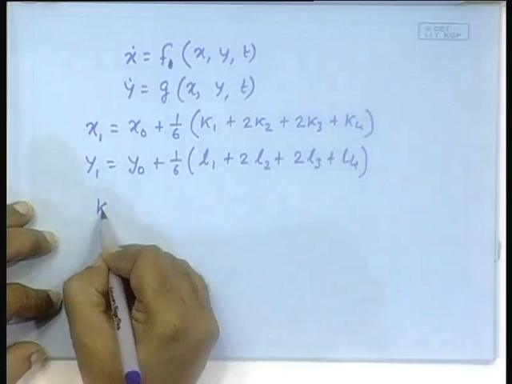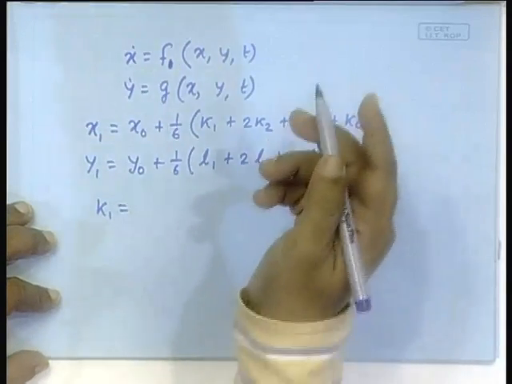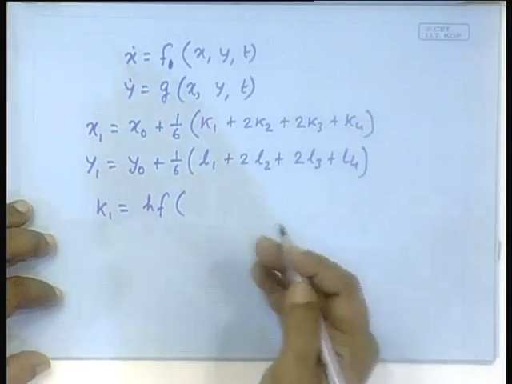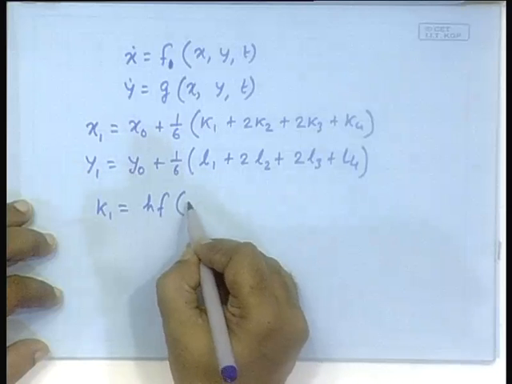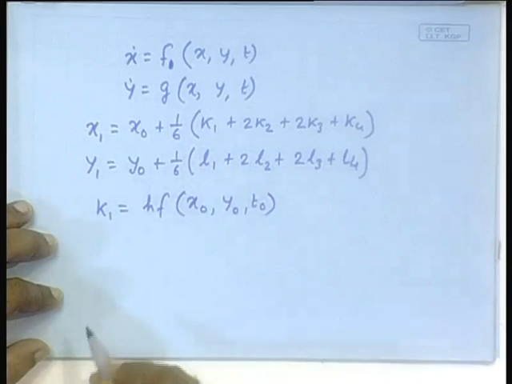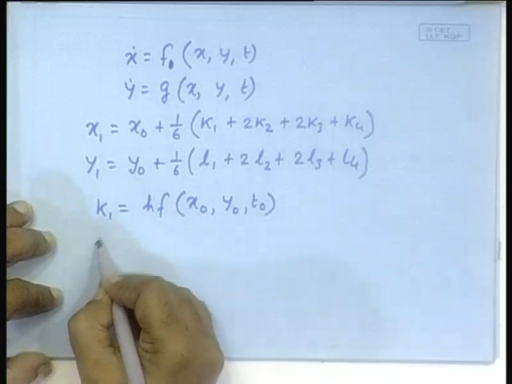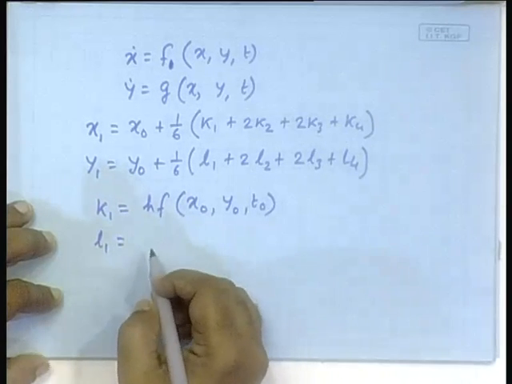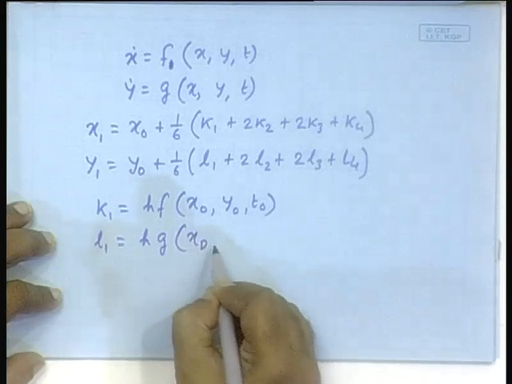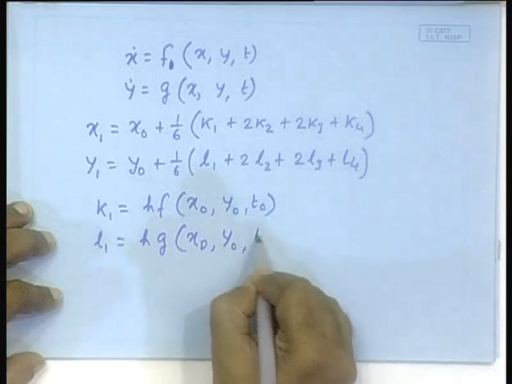For example, k 1 will be h f. The only thing is that it has to be calculated at x naught, y naught and t naught. L 1 is h g of x naught, y naught, t naught.